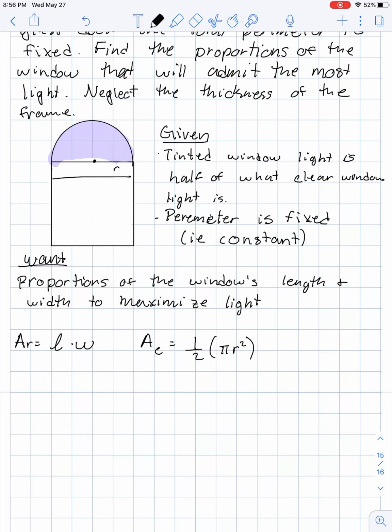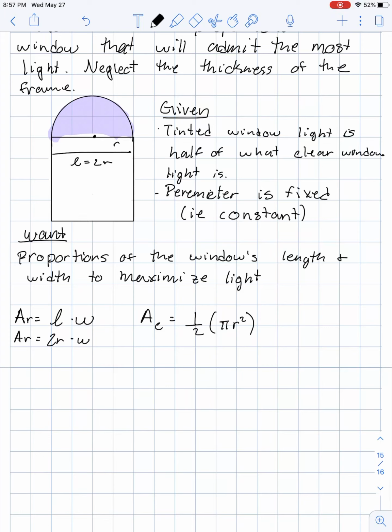So our length of a rectangle is going to be twice our radius. So we can go back to our area of our rectangle and call that 2r times w. Okay. So now we have some equations that we can use to get things in terms of other things.